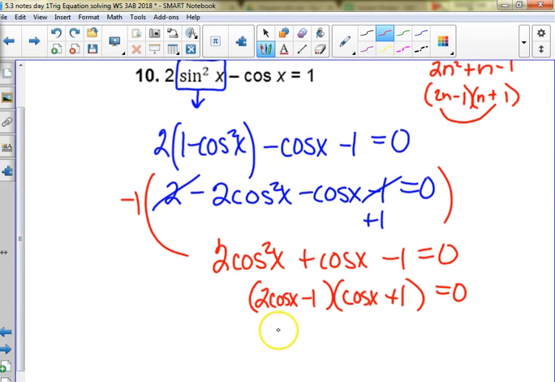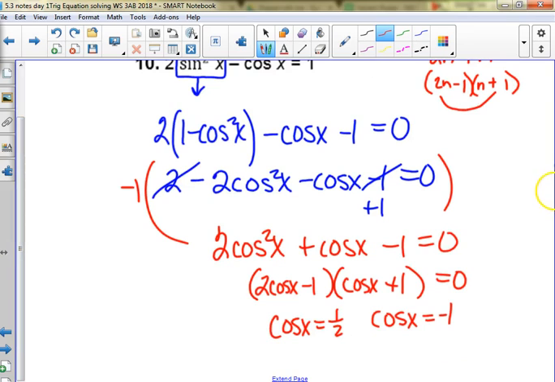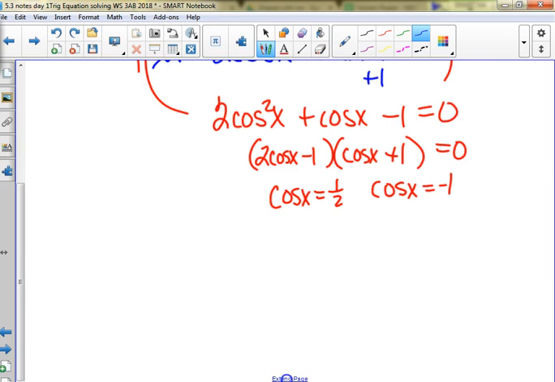Take your turn being equal to 0. This will say the cosine is 1/2 or the cosine is -1. Okay. All values of x. What does that mean? I need to throw some plus or minus junk on the back, right? Okay. Where's the cosine 1/2? And?